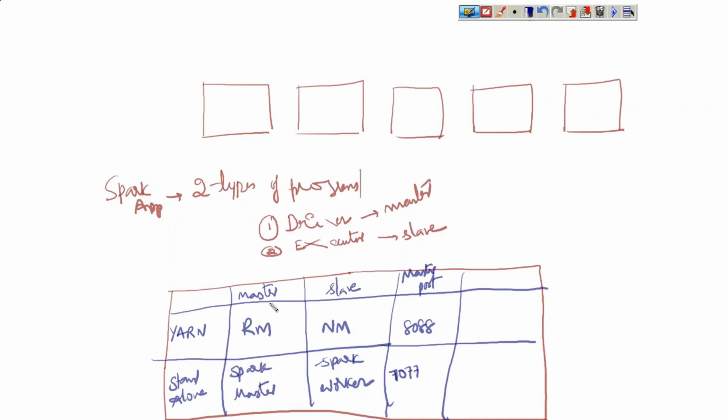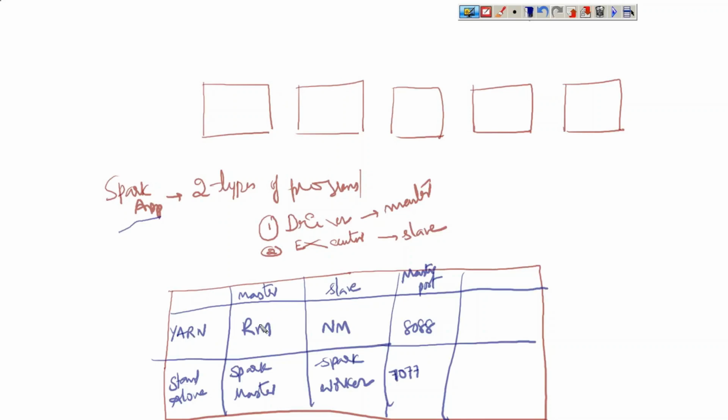So these are the master and slave processes with respect to the cluster, and driver and executor are the master and slave processes with respect to the application. I'm telling you, with respect to the application, not with respect to the cluster. When we submit a Spark application, only then are these two programs created, while the cluster processes are there whenever the cluster is available.